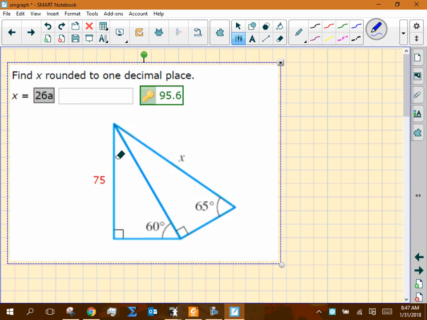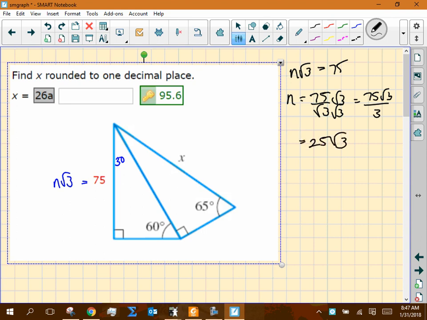If I look at this one right here, this side is my n radical 3 side. So I'm going to take that little equation, n root 3 is equal to 75. Divide by root 3, it's 75 over root 3. Rationalize that and I get 75 root 3 over 3, which just becomes 25 root 3, right?